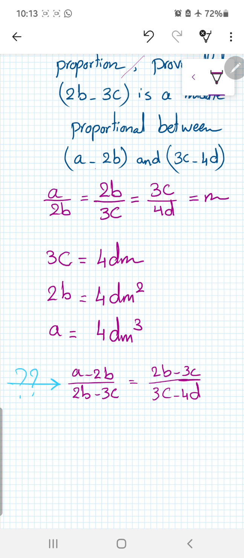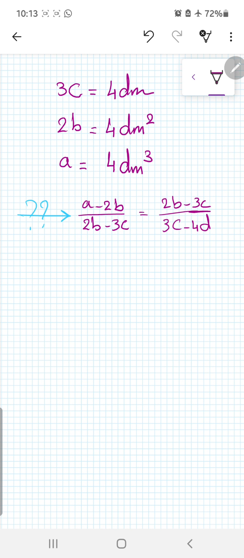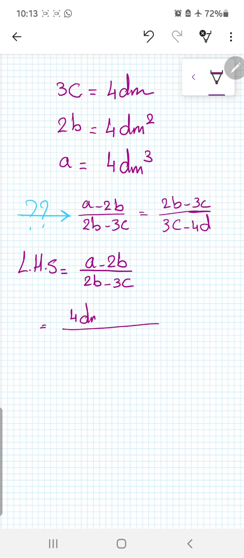minus 4d. Okay, so first take the left hand side, which is a minus 2b over 2b minus 3c by substitution. A equals 4dm power 3 minus 2b equals 4dm power 2 over 2b, 4dm power 2 minus 3c, which is 4dm.